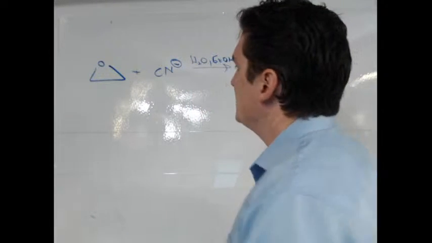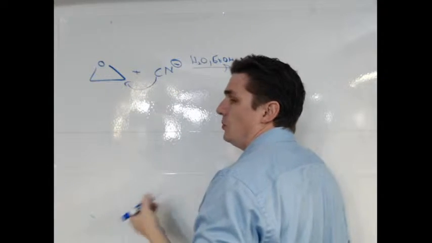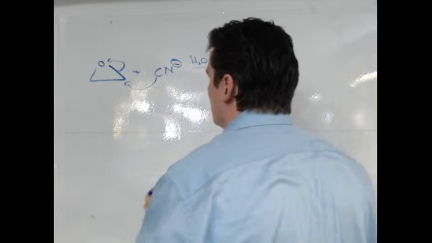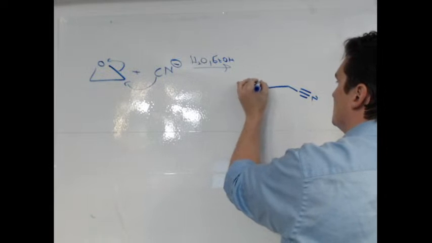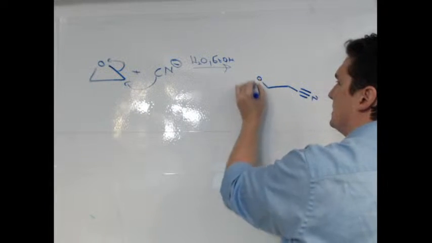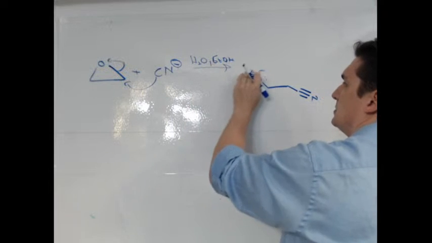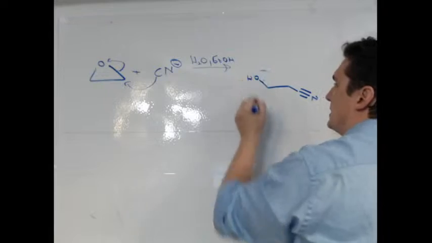So what's going to happen in this case is our cyanide is going to attack one end of the ethylene oxide. It's going to break that bond and give us this complex here with the O minus. Then this is going to extract a proton from water to give us the alcohol.